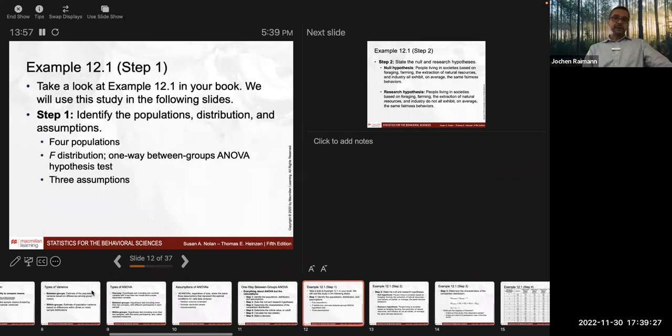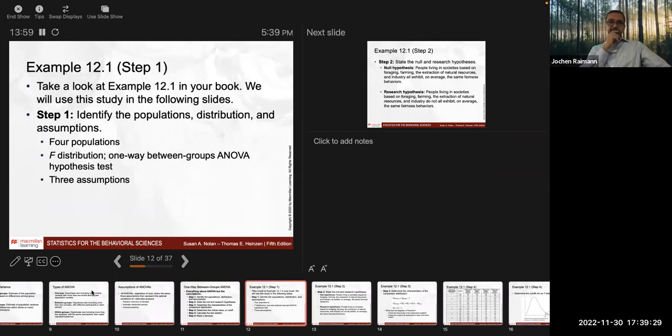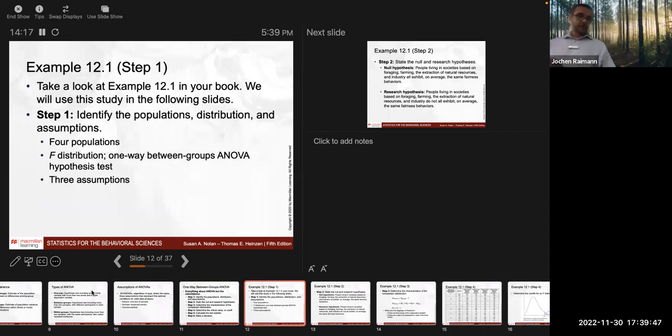Computationally, it's a little bit more complicated. And we will now go through the calculations of that. It's not terribly hard, but basically we will do this now on our example 12.1. So that's in the Excel spreadsheet. And we have the 4 populations.